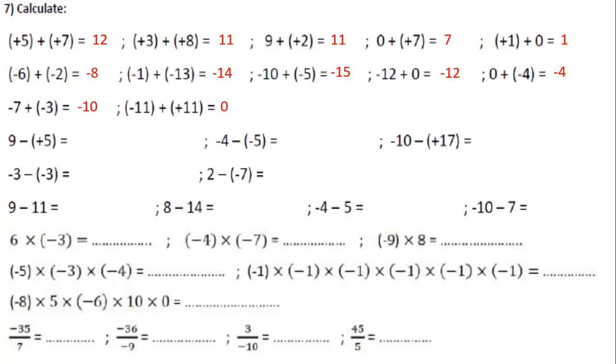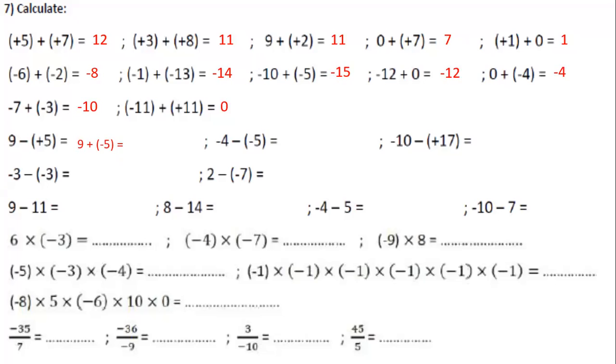Yalla, Razan. 9 minus positive 5. Here we have subtraction, so we should apply the keep switch. Yalla. First, we keep the 9 as it is. Yes. We change the negative to positive, the sign. Bravo. And after that, we change positive 5 to negative 5. Now it became addition.